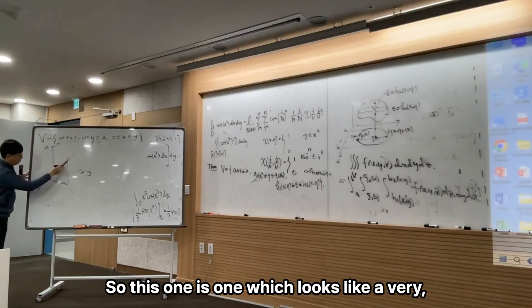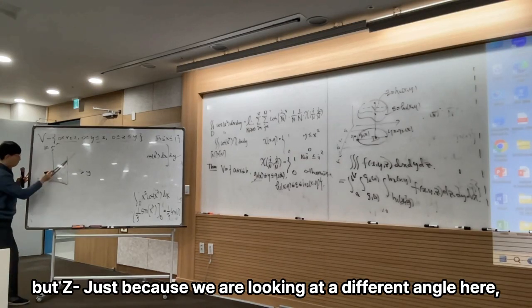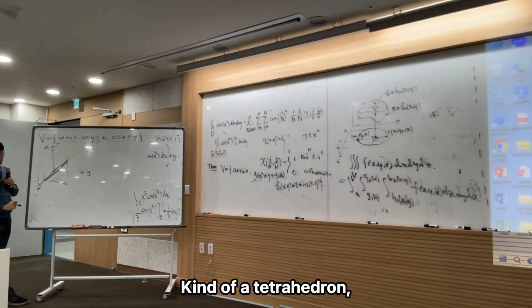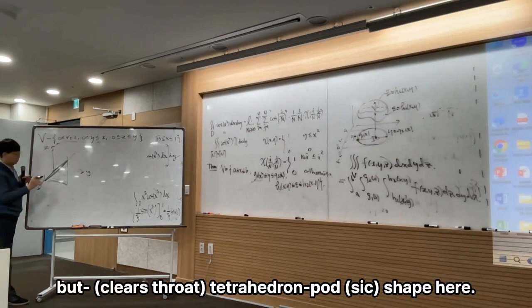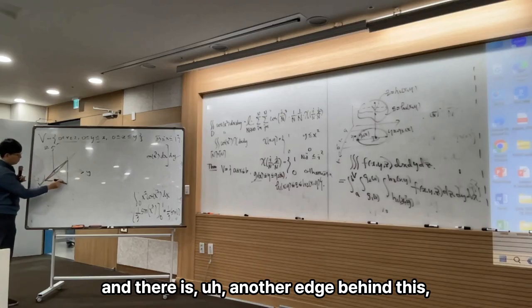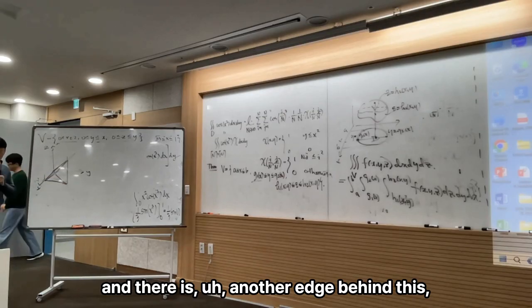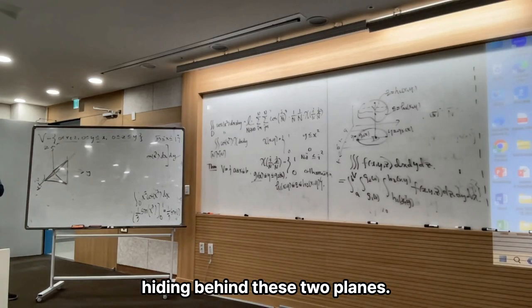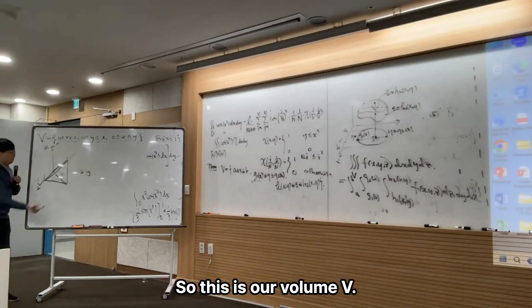This one looks like a very thin plane, but just because we are looking at a different angle here, we have a tetrahedron-like shape, not an exact tetrahedron. We have this one side here, and there's another edge hiding behind these two planes. So this is our volume V.